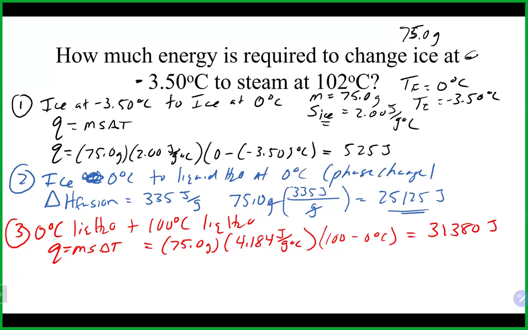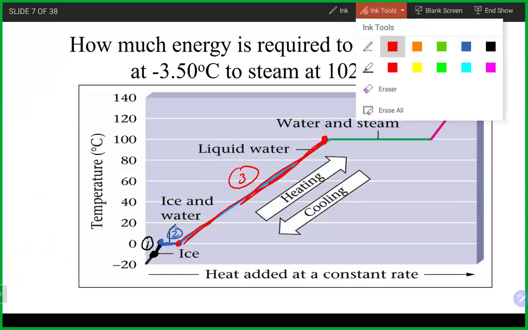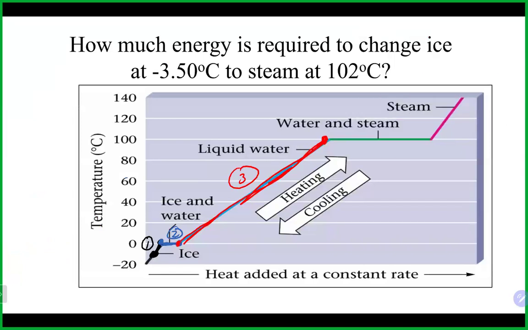All right, so now that we've heated up the liquid water from 0 to 100 degrees, if we look at our little diagram here, the next thing we need to do is another transition. We're sitting at 100 degrees liquid water, and we need to take it to 100 degrees gas.